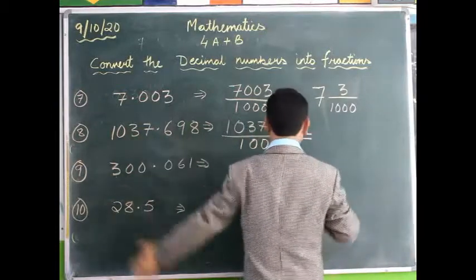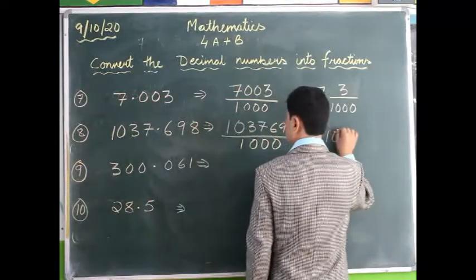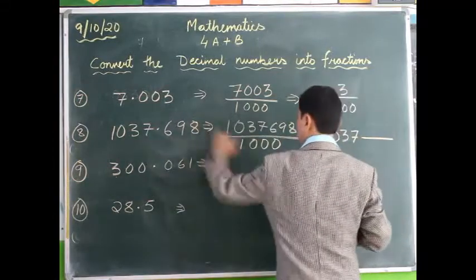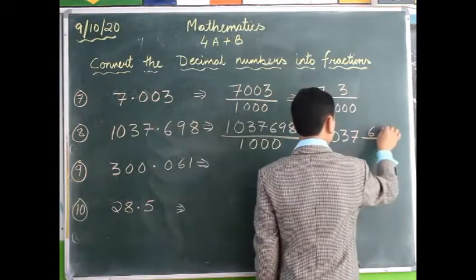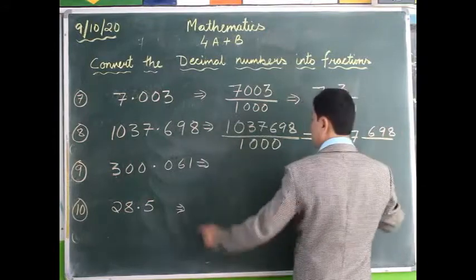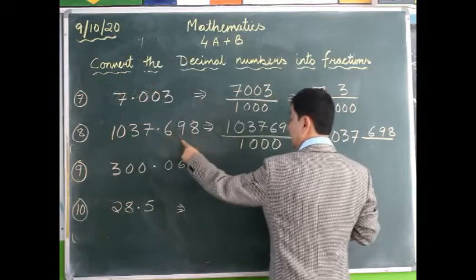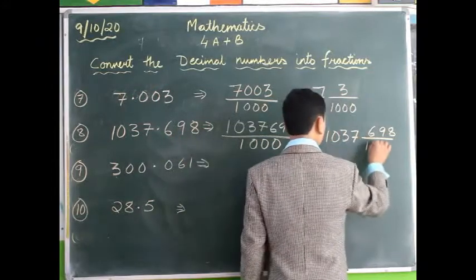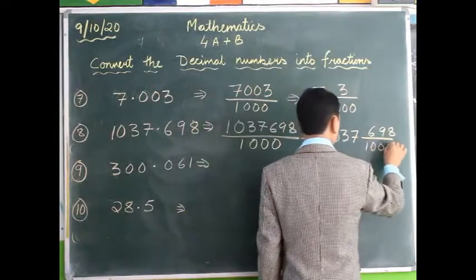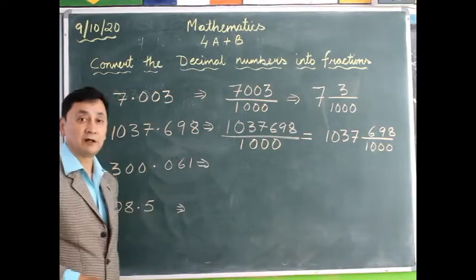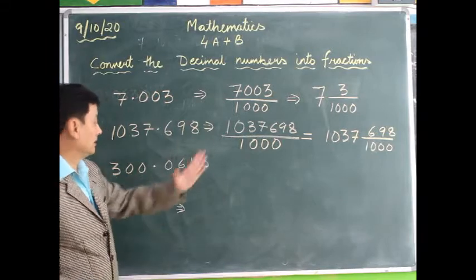What do you see before the point? 1037. What do you see after the point? 6, 9, 8. In which place value does this 8 end? Tens, hundreds, thousands. So thousandths. 698 thousandths. So that's how we convert it into a fraction.